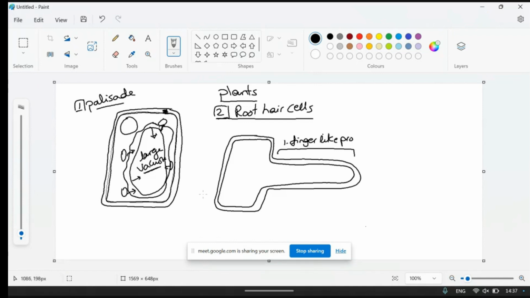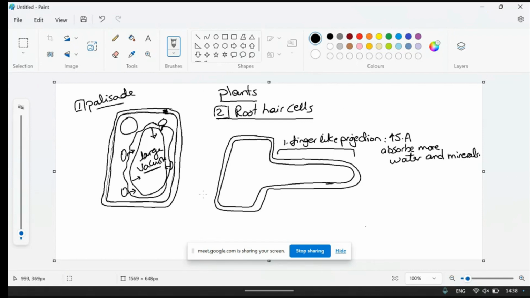This finger-like projection increases the surface area. So by this, they have extra space so they can penetrate more inside the soil to absorb more water and minerals. This is the main function of the root hair cells.